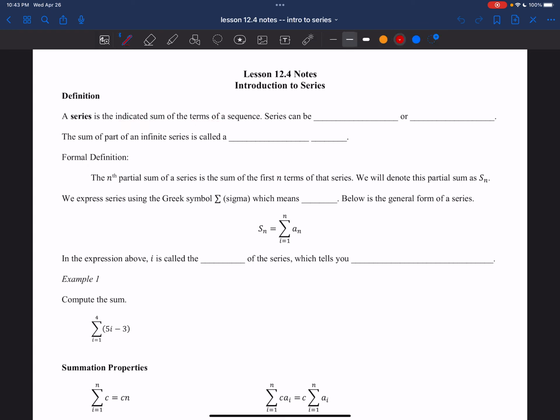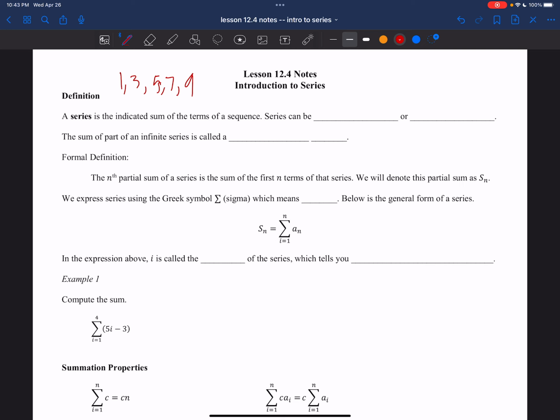So what does that mean, right? Well, suppose I had a sequence. Let's do the odd numbers: 1, 3, 5, 7, 9, and so forth. So this is a sequence of numbers. I've chosen the odd numbers. If I wanted to say the series of odd numbers, what that would mean is taking the sum of all those terms.